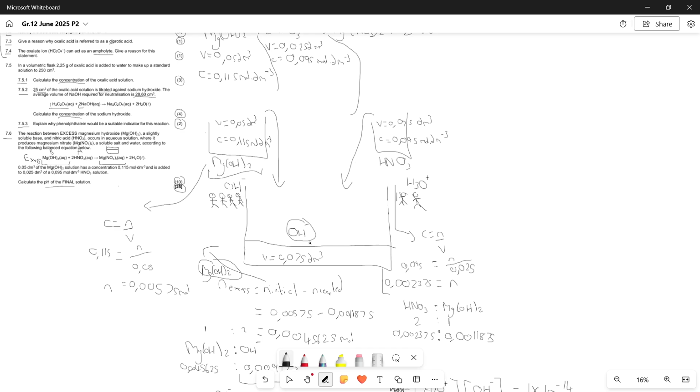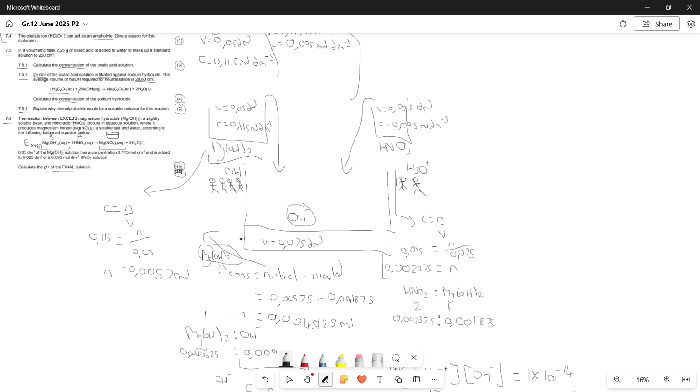We poured them into one beaker and they reacted, and then we were left with an excess magnesium hydroxide solution, meaning that our solution ended up being more basic, which means we were looking at moles first, and in order to get how much was in excess of our Mg(OH)2, we then had our initial from the first beaker, plugged that in, minus the amount that reacted completely, because the HNO3 reacted completely, but then we had to do a molar ratio to get it in terms of Mg(OH)2. So we had how much was here minus how much reacted, and then we had how much was left over.